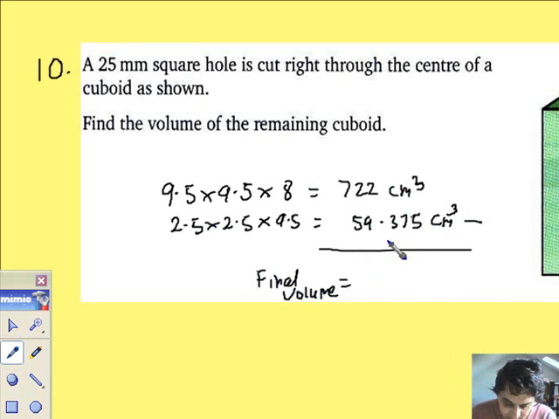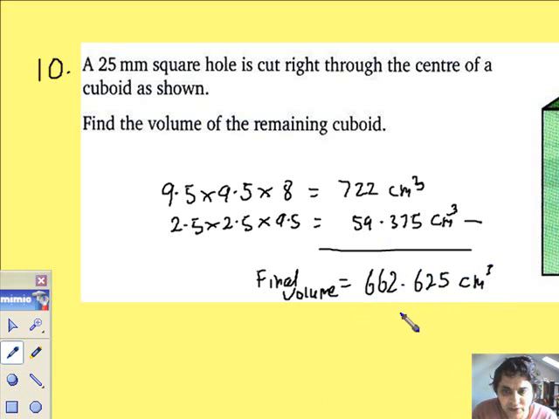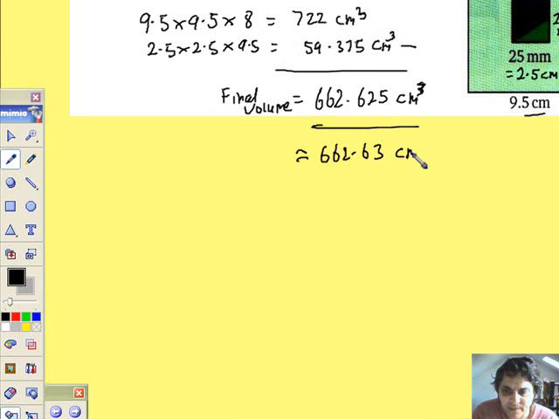So 722 take away 59.375 gives us 662.625 centimetres cubed worth of remaining wood. All right. Let's just round it off to 2 decimal places. That's about 662.63 centimetres cubed. That'll be good enough.